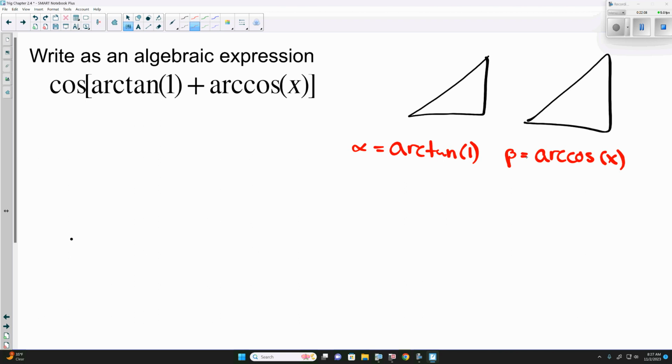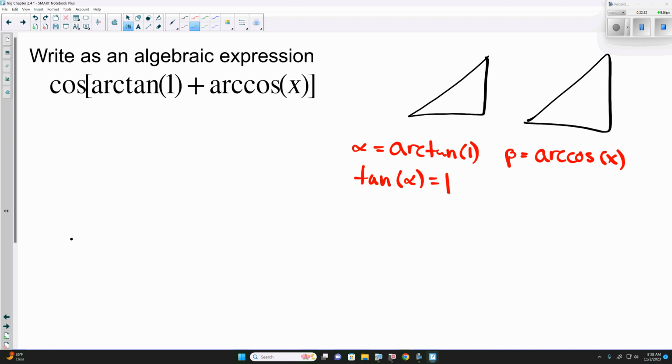Because alpha equals arctangent of 1 is really saying tangent of alpha is equal to 1, which means it's pi over 4. That seems like an odd way that I can just jump there.